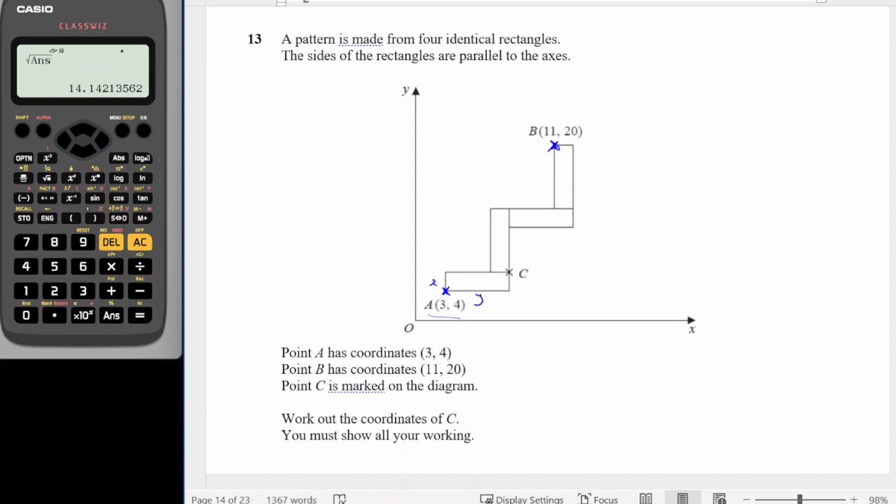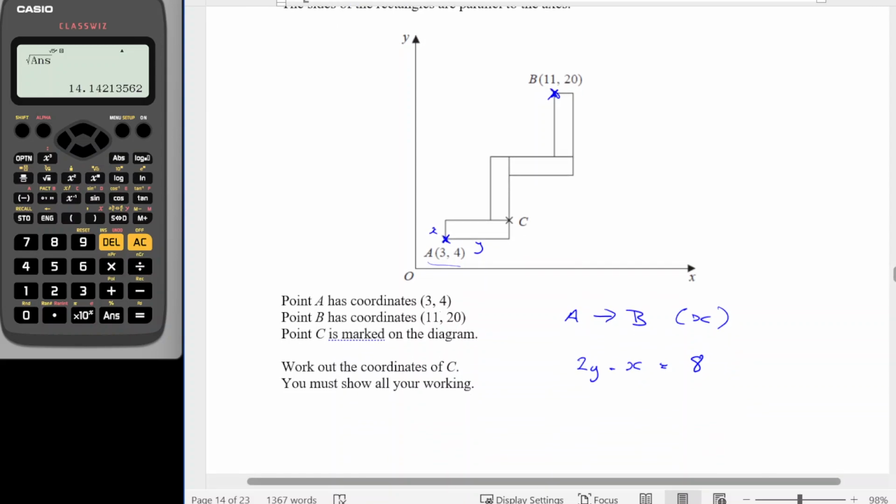If I look at between A and B, it doesn't really matter which one I go first. If I look at the change in x first of all, it's gone y plus y minus x. So 2y minus x has to be equal to the difference in the x coordinate. So the difference in the x coordinate is 8.